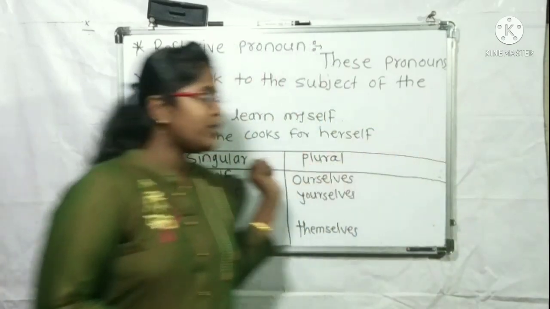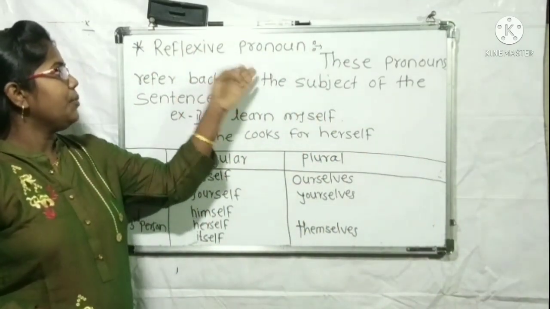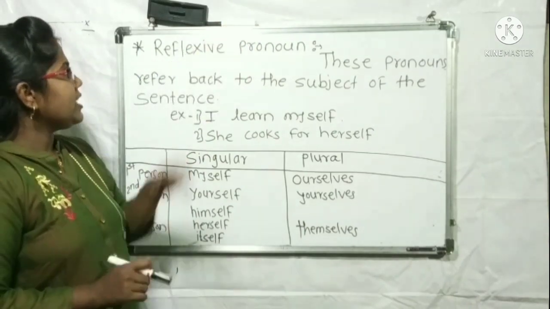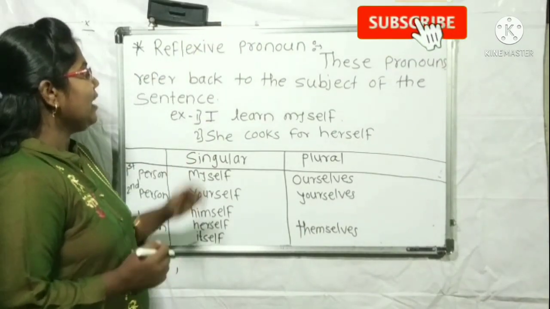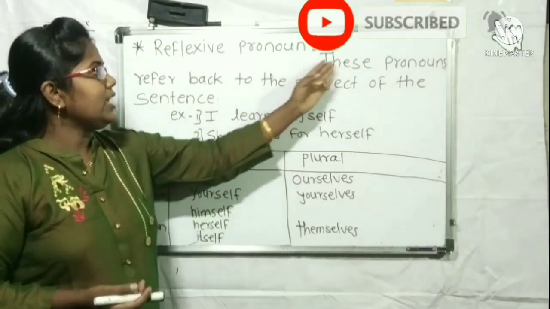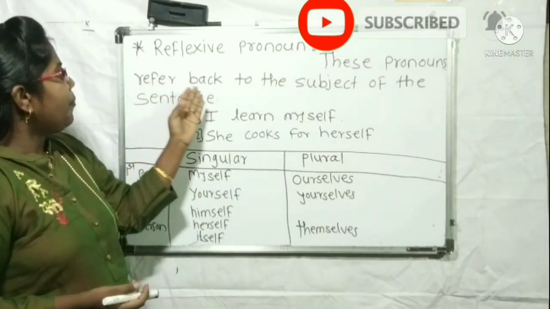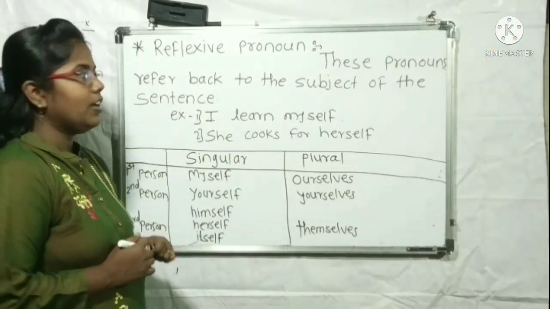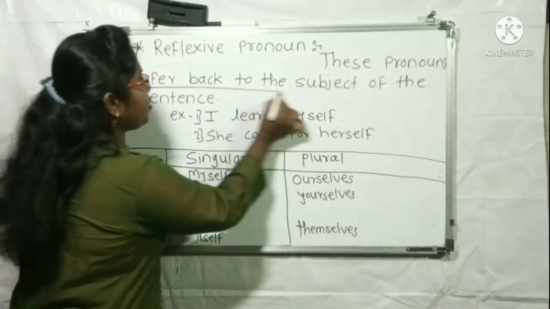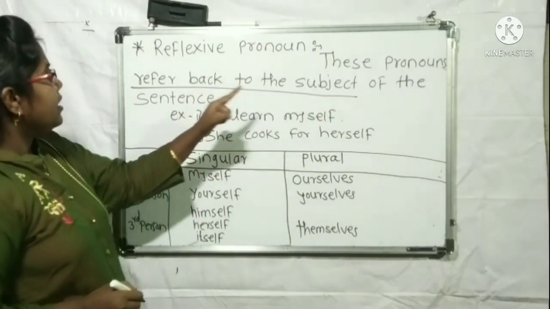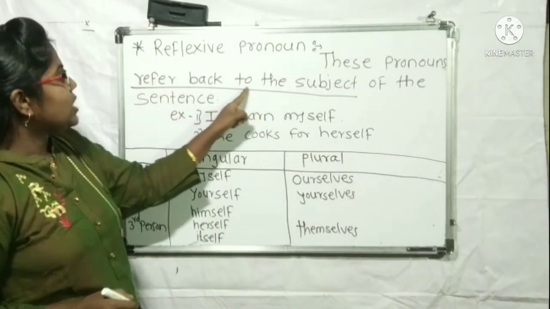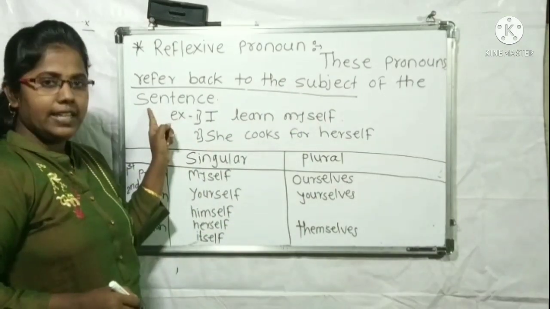So here I am going to discuss the reflexive pronoun. What is a reflexive pronoun? Here I have given the definition: these pronouns refer back to the subject. The most important part of this definition is that the pronoun refers back to the subject of the sentence.